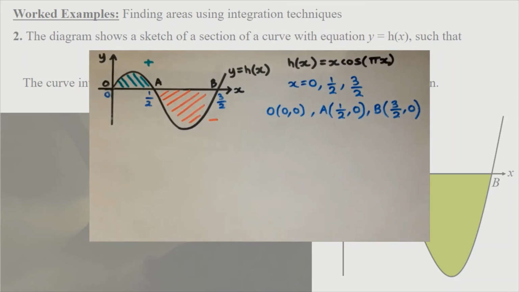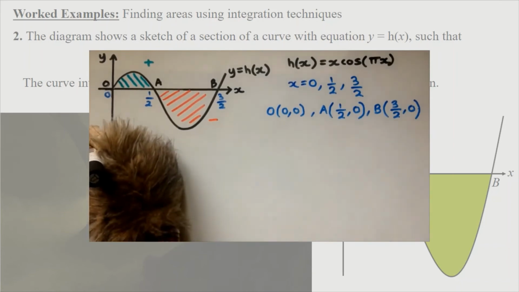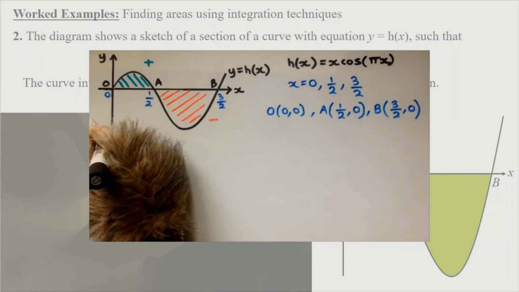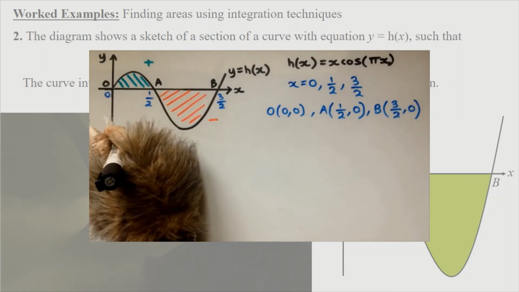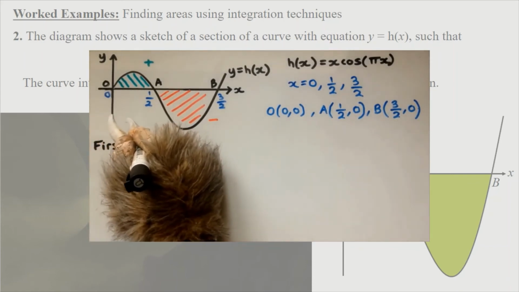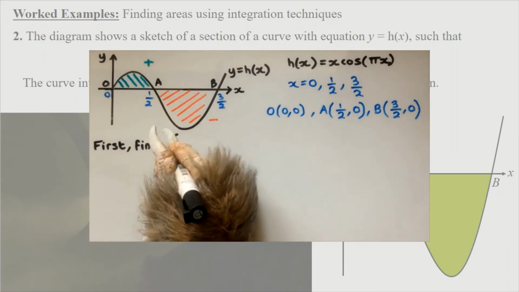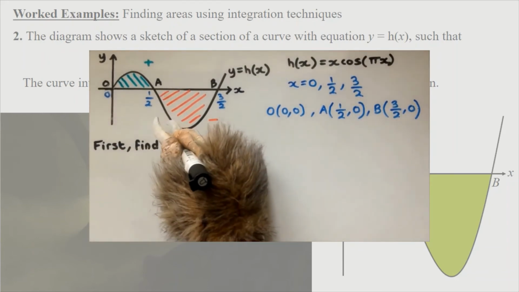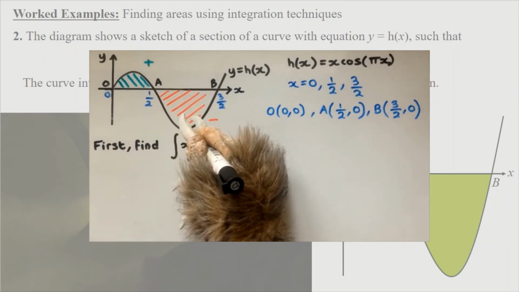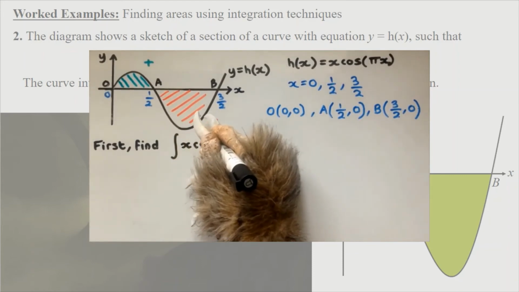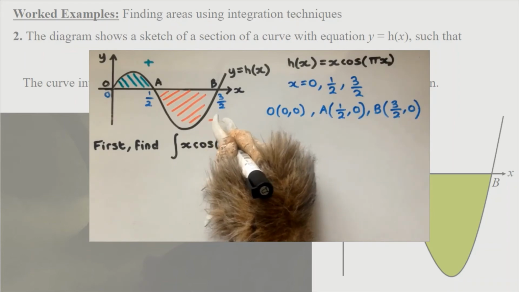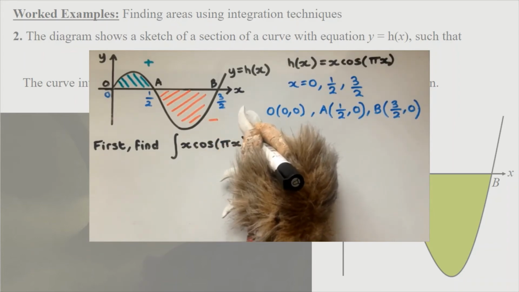So let's do that. So the first thing I'm going to do, and I'll write this down as an instruction. So first, we're going to find the integral with no limits of x cos of pi x dx.